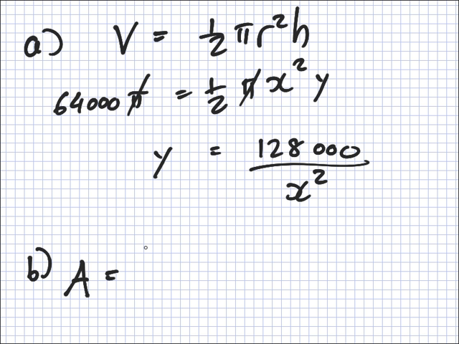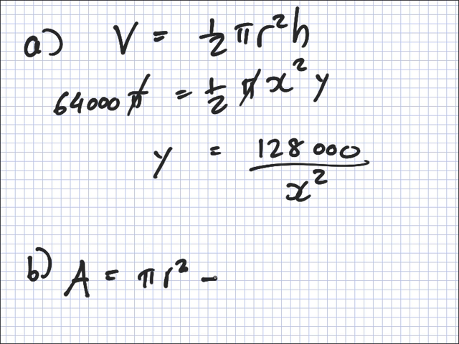I kind of knew it was going to be the outside anyways, because usually what happens here is you're concerned about the amount of metal you have to use. So you wouldn't want to count the same sheet of metal twice. So it's just going to be either the outside or the inside, but never both. So if you look here at the picture, you have a circle on the outside, because you have a half a circle and a half a circle, so you have a full circle.